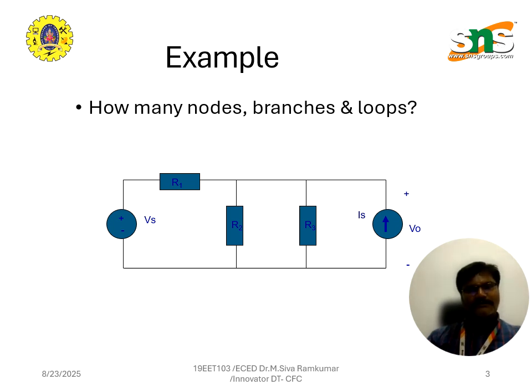So according to KCL, current entering is I1, current leaving is I2 and I3. So I1 is equal to I2 plus I3. This law is widely used to set up the equations in nodal analysis, which is a systematic method to analyze circuits.